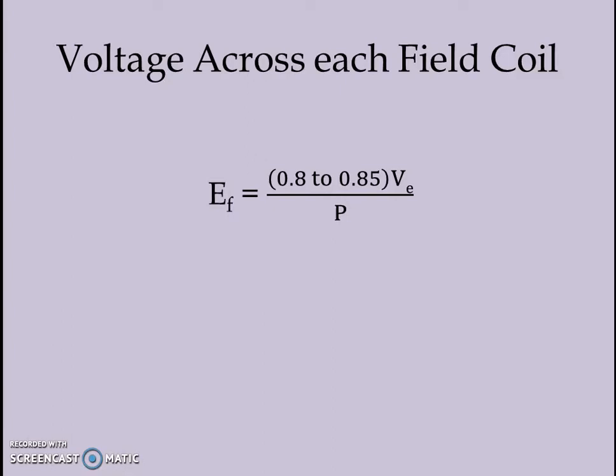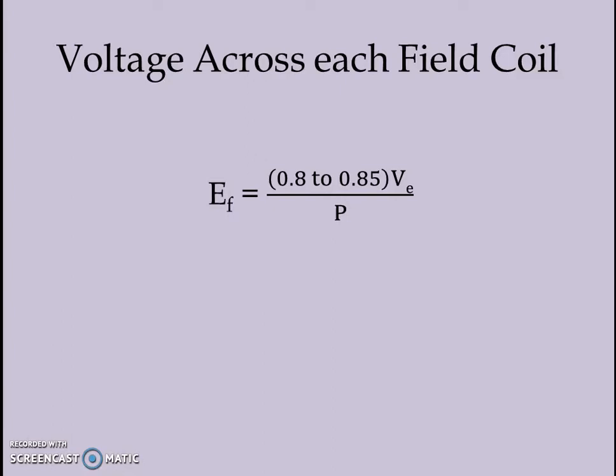So if exciter voltage VE is known and the number of poles is known, then we can derive one equation for the voltage across each coil. Now 15 to 20% voltage will be consumed by the field rheostat or field regulator, and only 80 to 85% voltage will be consumed by the field winding.